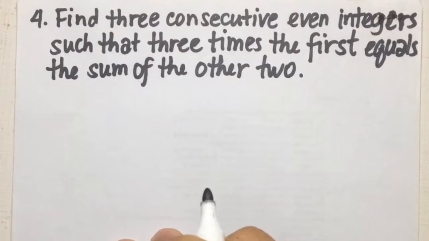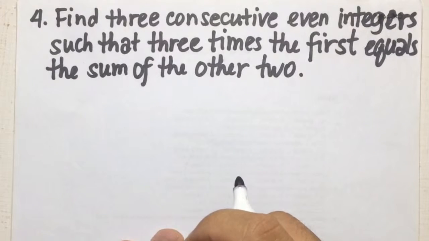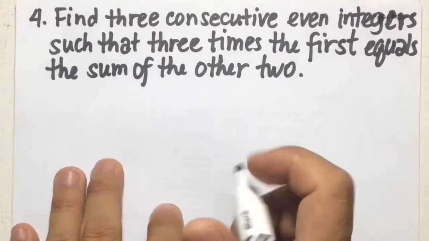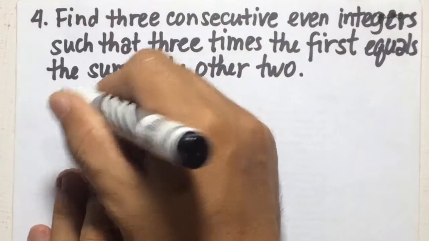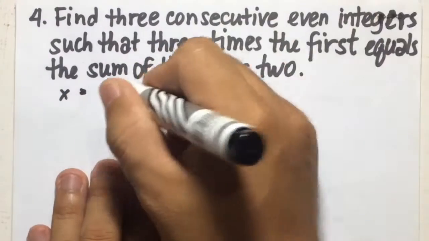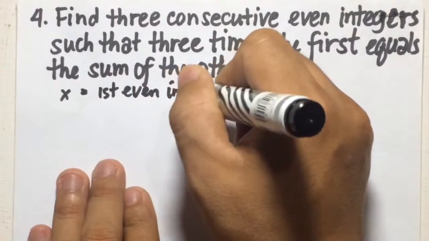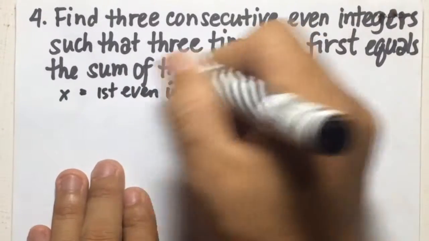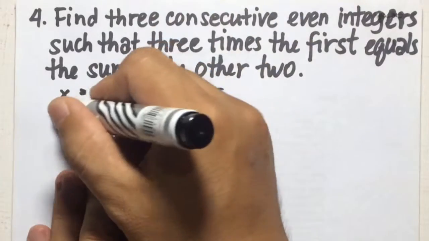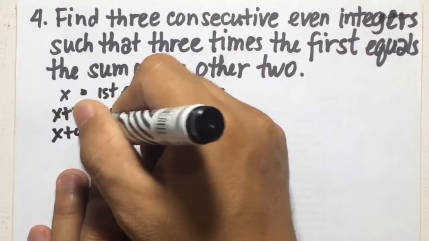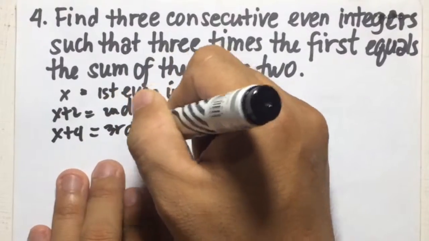Number 4. Find 3 consecutive even integers such that 3 times the first equals the sum of the other two. For representation, let x equal the first even integer. Then x plus 2 is the second, and x plus 4 is the third.